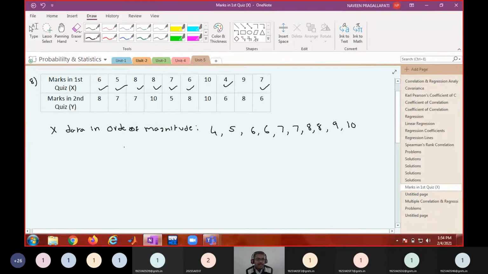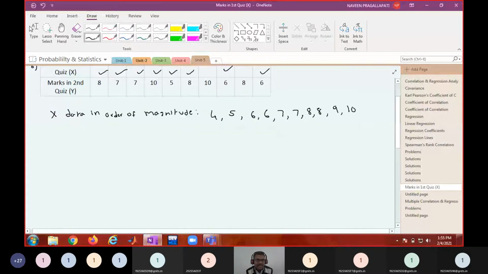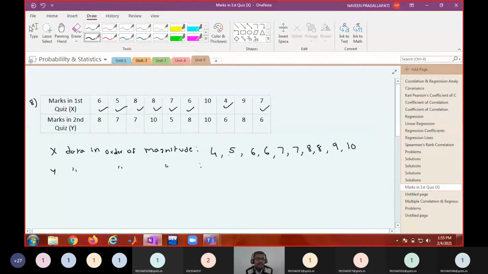Now we'll assign ranks, but we'll do that after writing the Y data also. Y data in order of magnitude. Please tell me. Minimum value is 5, 5.